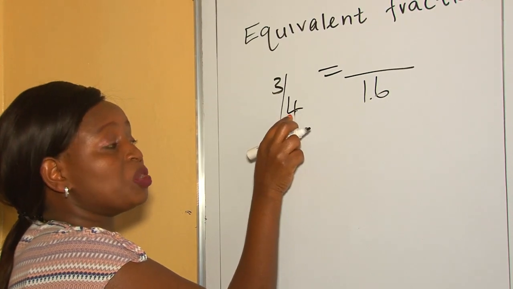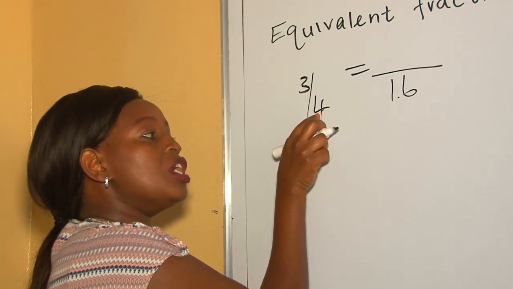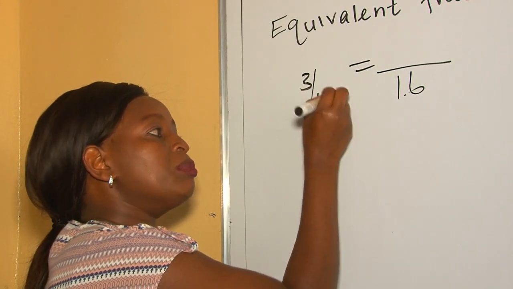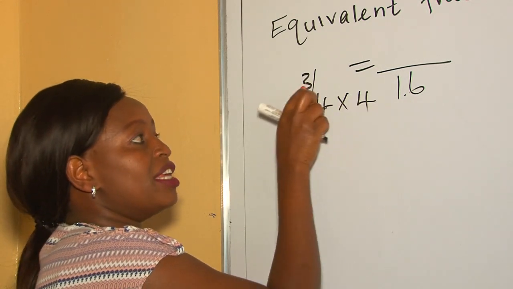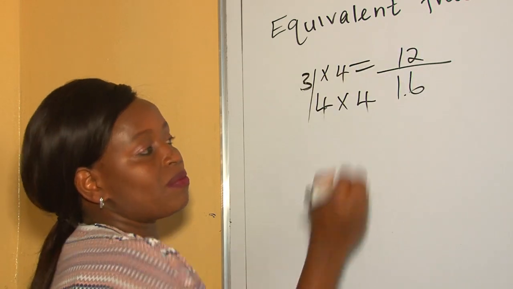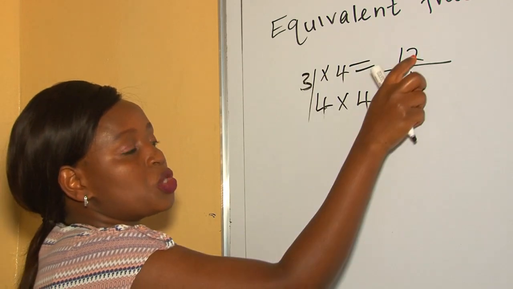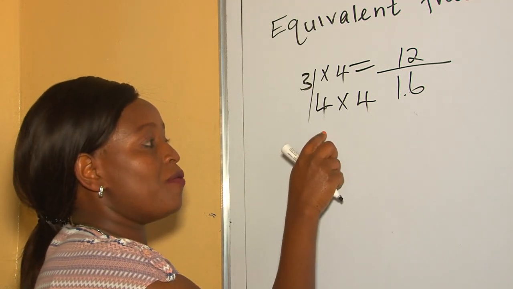Whatever happens to the denominator should also happen to the numerator. So 4 was multiplied by 4 to become 16, therefore 3 times 4 is going to be 12. So 12 over 16 is an equivalent fraction to 3 over 4.